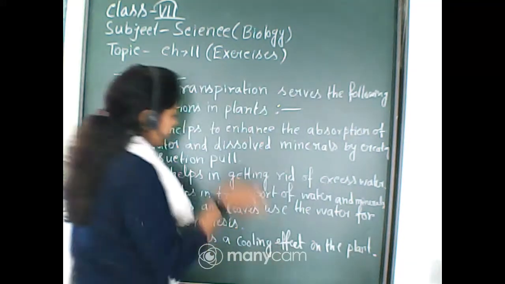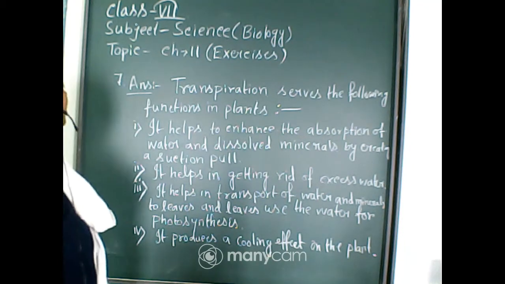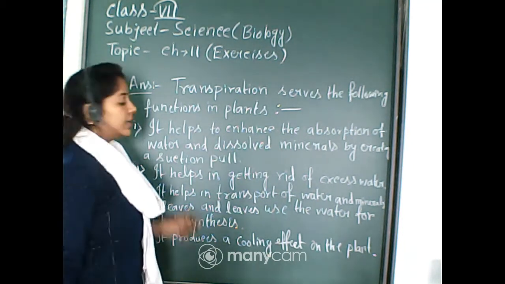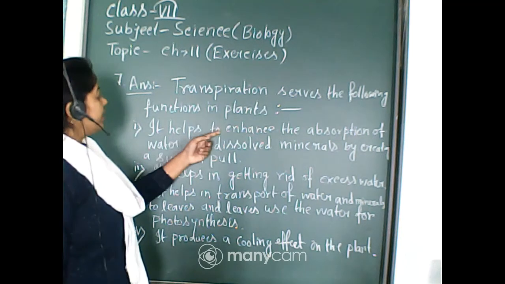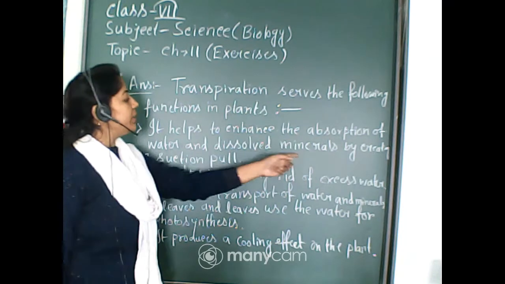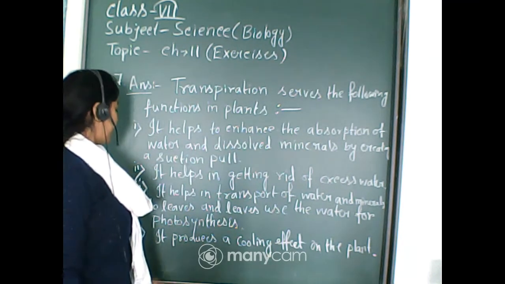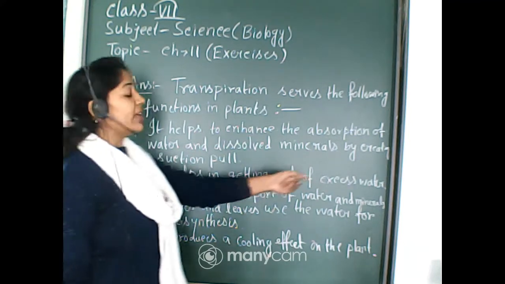So here we have seen transpiration serves the following functions in plants. It helps to enhance the absorption of water and dissolved minerals by creating a suction pull. Next point, it helps in getting rid of excess water.